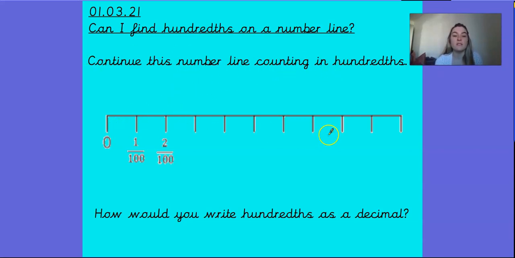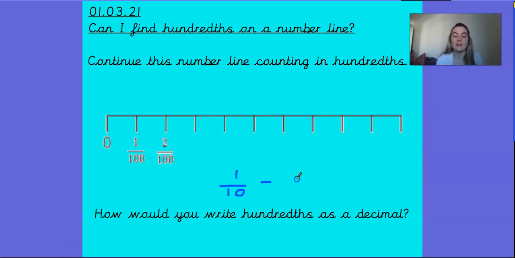So I want you to continue this number line counting in hundredths. Remember, when you were doing tenths, you would write it as 1/10 and so on. Here they have done 1/10 and 1/100th and then 2/100ths. What do you notice about the way this number line is slowly progressing, and how would you write your hundredths as a decimal?